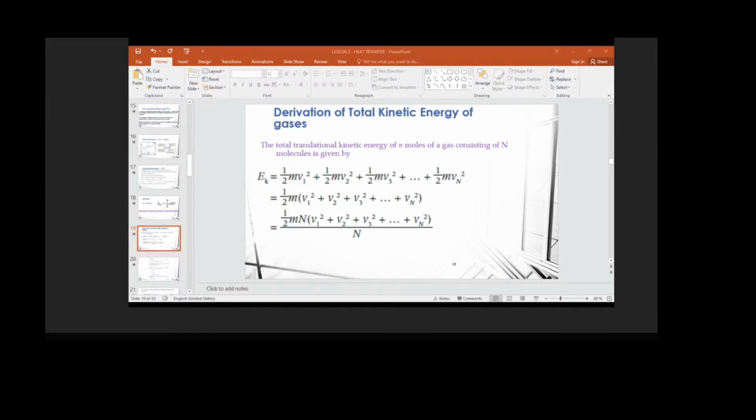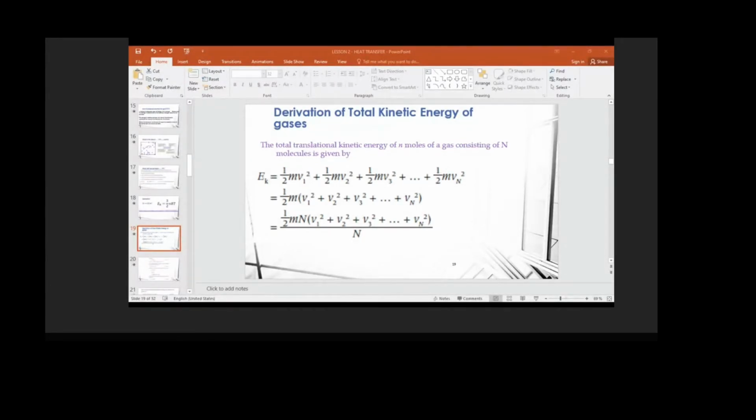So we can safely say that the total kinetic energy is the sum of the individual particles' kinetic energy. So that's where we have half mv squared, half mv2 squared, and it continues to half mvn squared, where n is just the number of particles there.